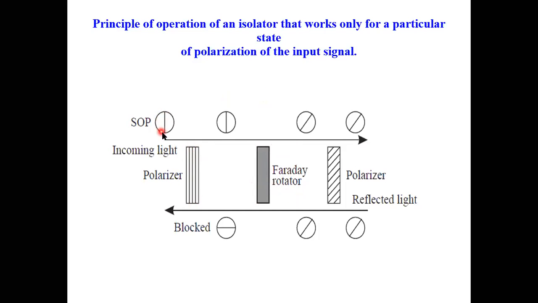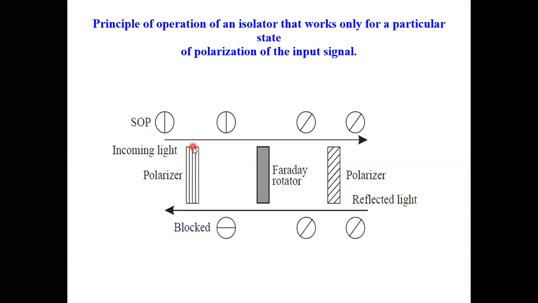So here you can see the state of polarization is vertically polarized. It is aligned in the y direction. The polarizer here, you see, has vertical lines. So it will allow the signal which is vertically polarized. So if horizontally polarized signals are coming, they will be rejected by this polarizer.